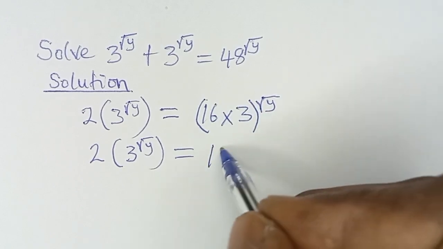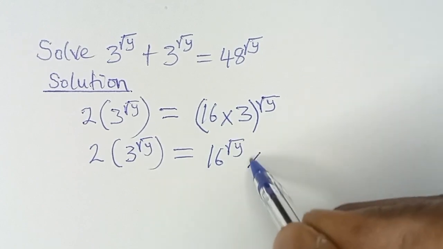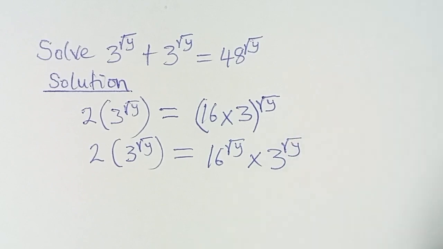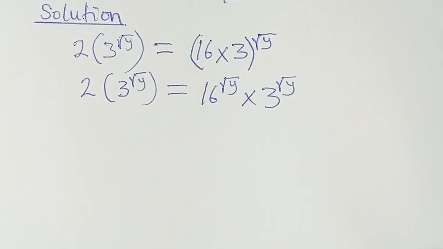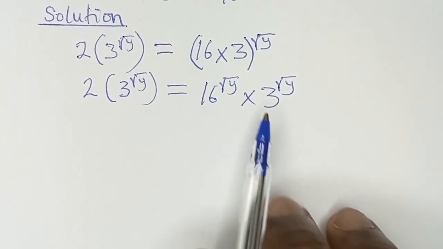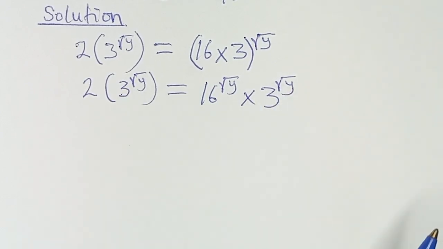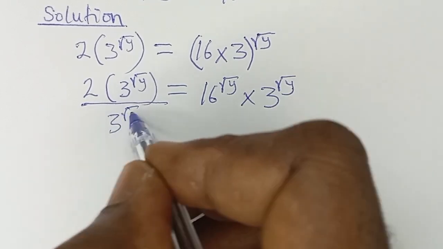So I'm going to say 16 to the power root y multiplied by 3 to the power root y. Now that we have this, the next thing for us to do is to look at the fact that 3 to the power root y is common to both sides. So because of that, we can divide both sides by 3 to the power root y.